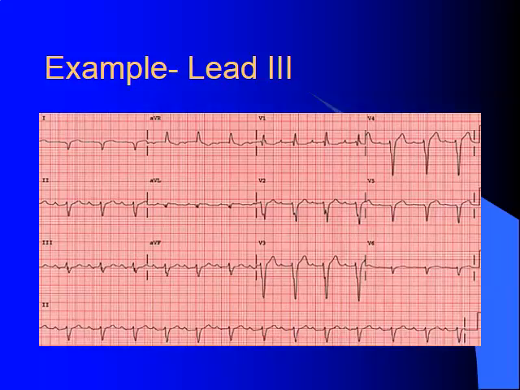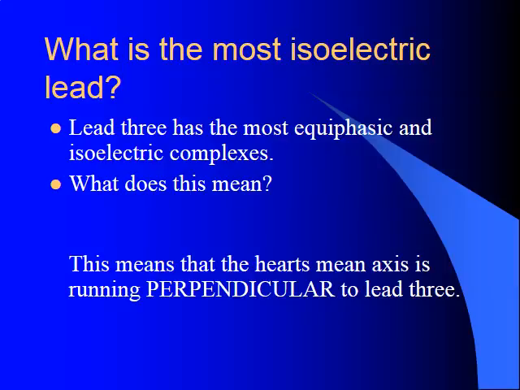But if you look in this case at AVL, you do have smaller complexes, but they are completely negative. They don't go above the isoelectric line. So our most equiphasic limb lead is going to be lead 3. Lead 3 has the most equiphasic or isoelectric complexes. Like we said, this means that the heart's axis is running perpendicular to lead 3.